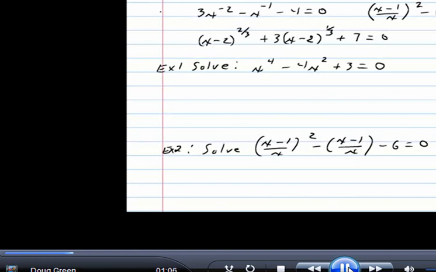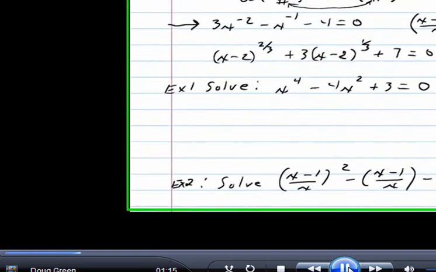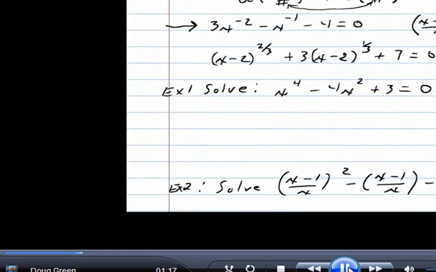For example, in this equation, the bases are the same. Now I say any number, but they have to be the same number. Here this was an x and this was also an x. In this one, this is an x and this is also an x, so the variable parts are the same. What's important about quadratic in form here is that the exponent is 1 and that one is 2.